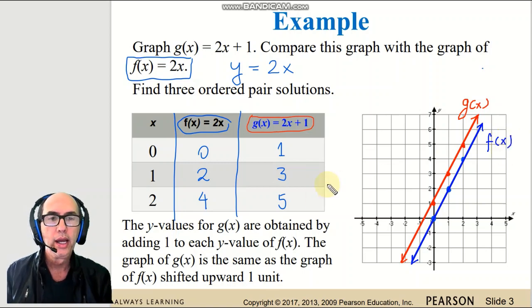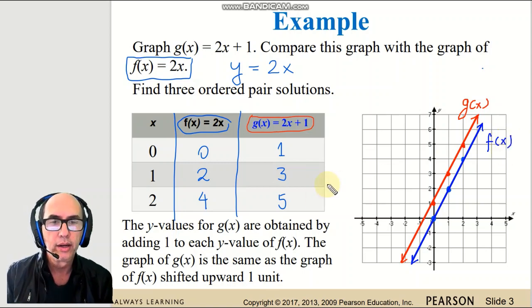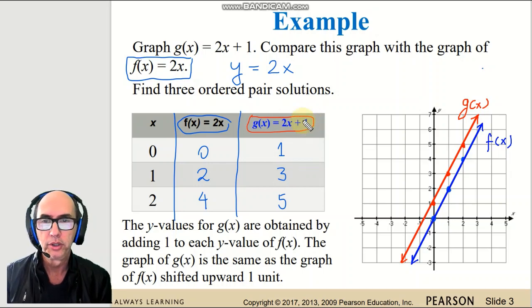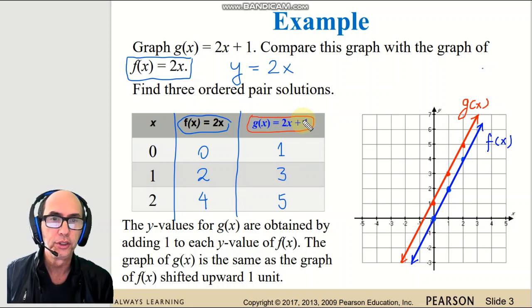We can compare and identify, based on the different equations, how they behave compared to each other, and yes, that's a good feature of functions.